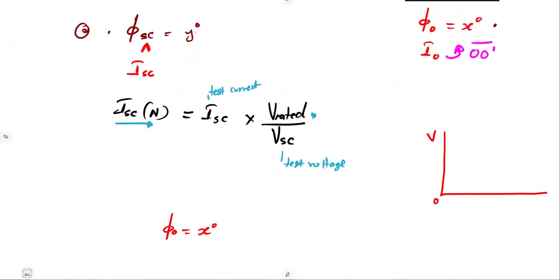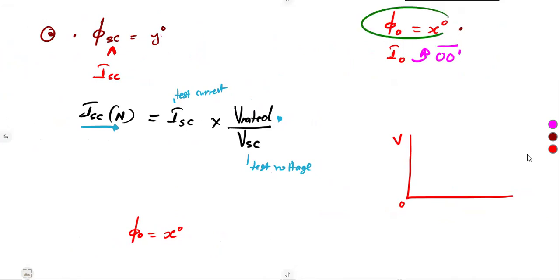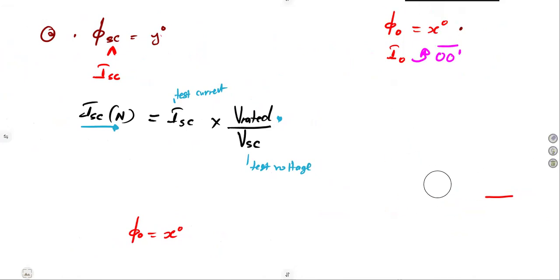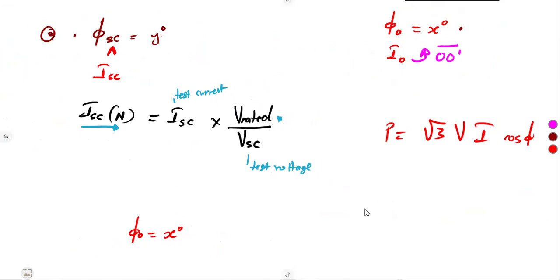When I was talking about the calculation of the angle from the three-phase condition, its power is equal to the square root of 3 times the line voltage times the line current times our power factor. So we ended up with a formula: the power factor can be calculated from power over square root of 3 times voltage times current.